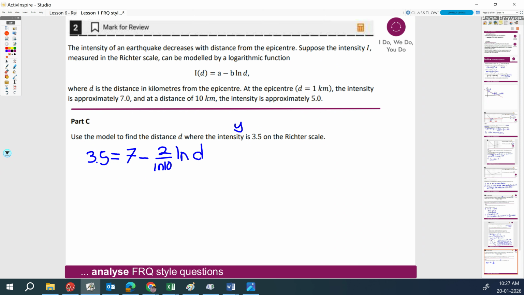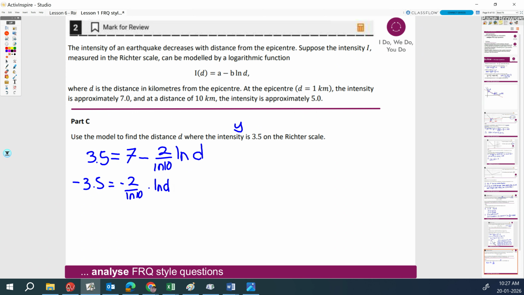So let's start off by taking away 7 from 3.5. What do we get? We get minus 3.5 is equal to minus 2 over ln 10 times ln d. Then we want to divide through by this minus 2 over ln 10.